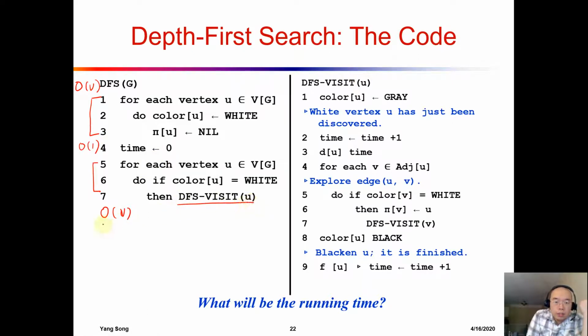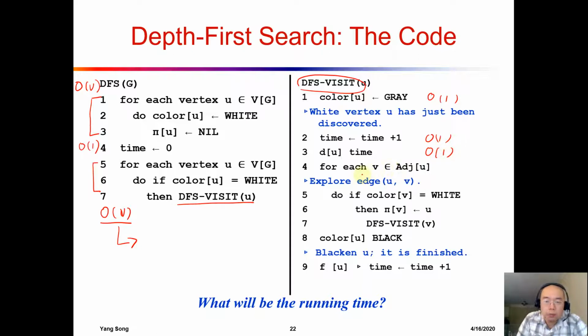So inside of this O(V), there might be another time complexity of the DFS visit. So we have to figure out what is the time complexity of the DFS visit. So this is an O(1), and O(1), O(1).